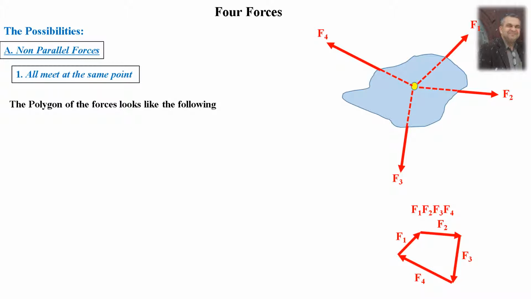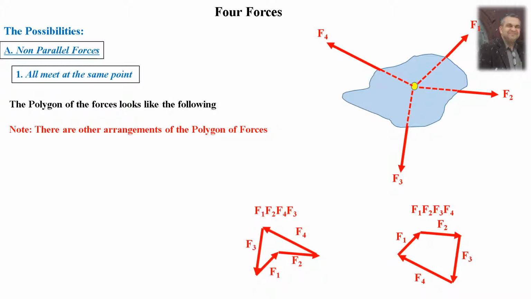All of these are parallel to the original ones. If it forms a polygon, obviously it is in equilibrium. Because at the start we assume equilibrium, they must form a looped or closed polygon. There are some other arrangements of this polygon.